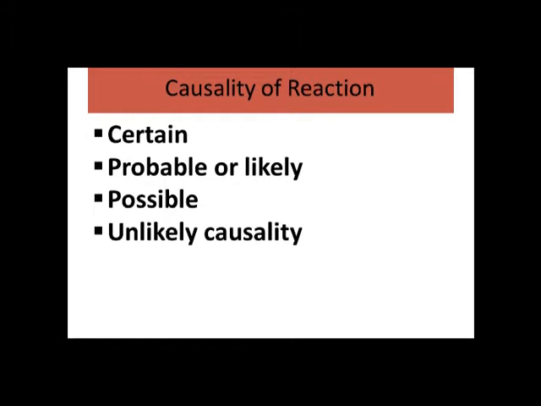Then it's possible, I mean, it is possible that this relationship exists. And then the last one is an unlikely relationship between the ADR and administration of a drug. Here the levels will drop to less than 10% or at times even 0%.